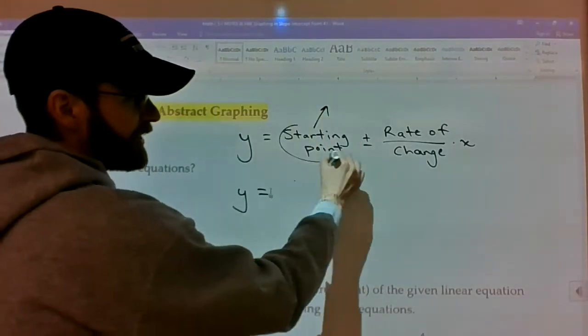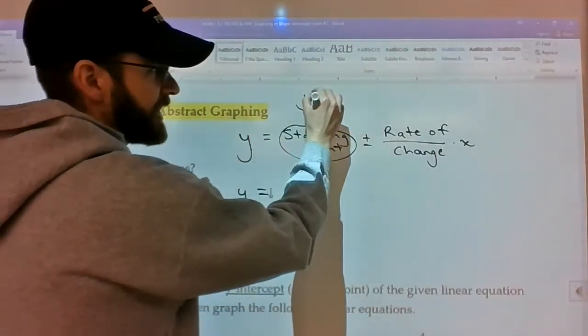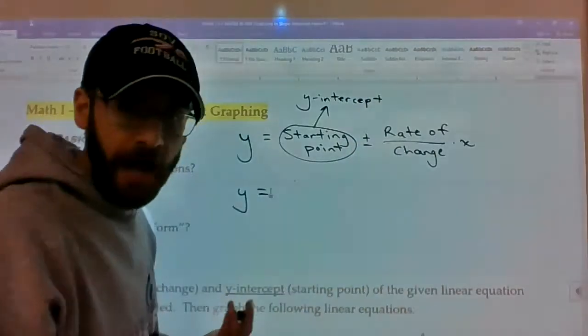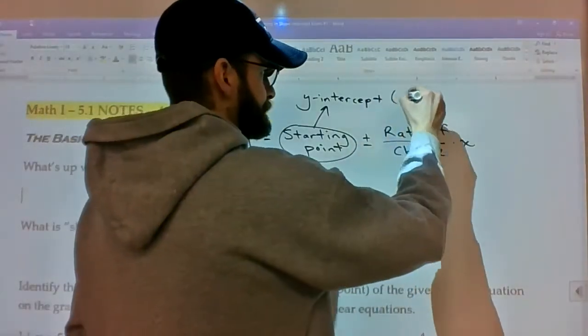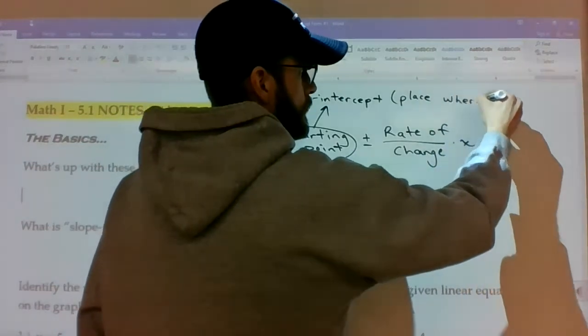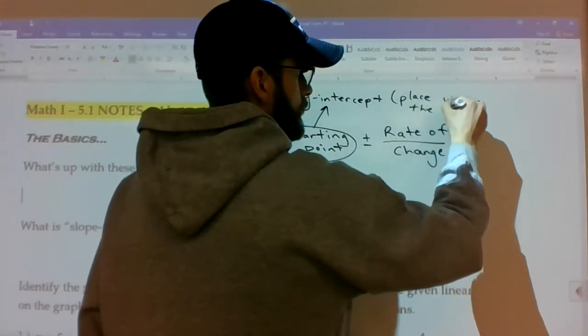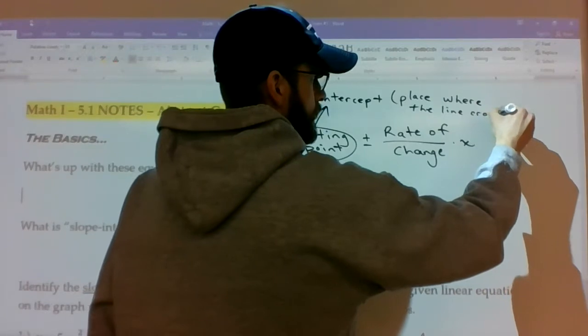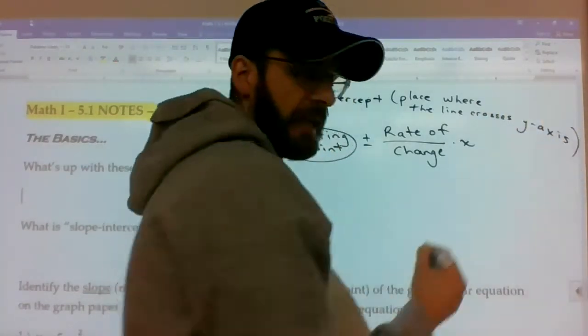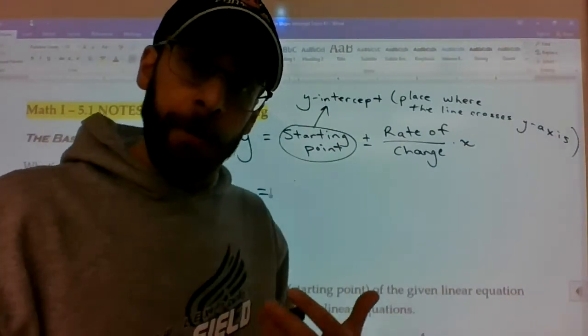So right now, the starting point, we're going to rewrite it as the y-intercept, the place where it crosses the y-axis, all right? And we're actually going to call that the variable b.